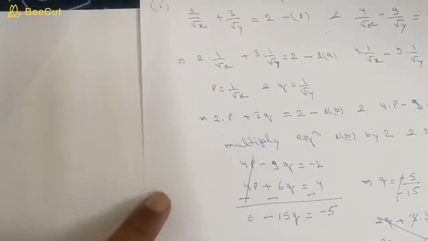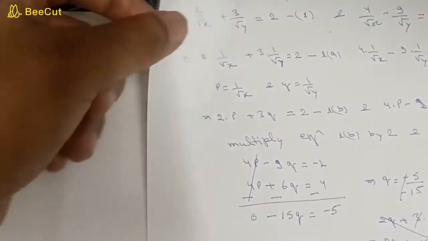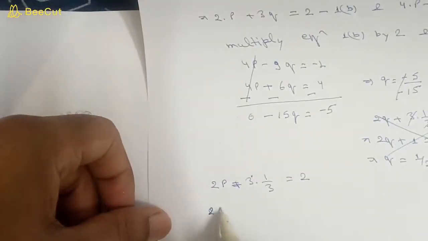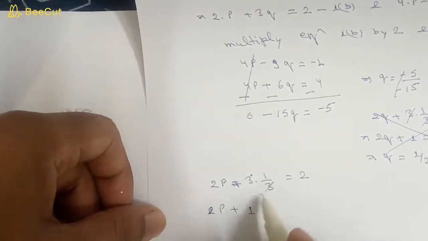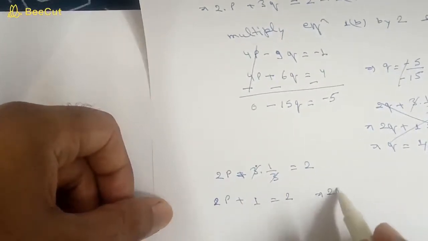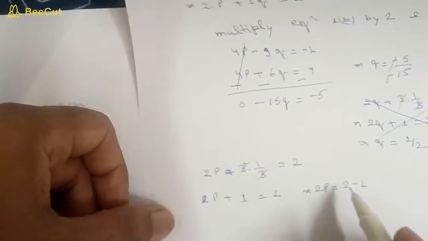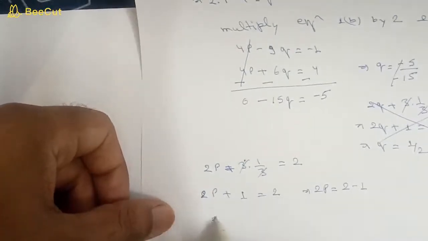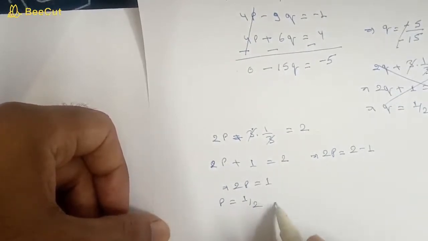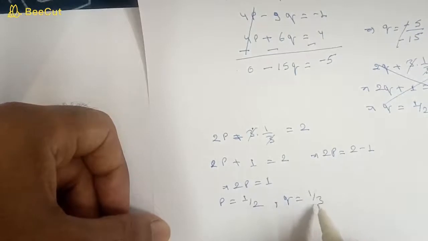So we will get 2p plus 1 is equal to 2. So we can write 2p is equal to 2 minus 1. So 2p is equal to 1. We can write p is equal to 1 by 2. So we got p is equal to 1 by 2 and q is equal to 1 by 3.